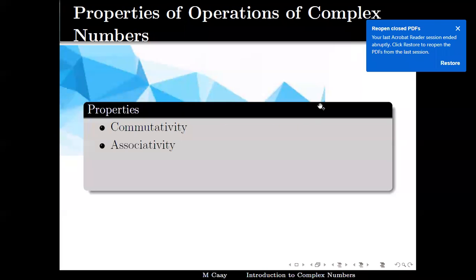Another is associativity. Associativity tells us that if you have three complex numbers, z1, z2, and z3, then z1 plus z2 grouped together, then added to z3, gives the same result as z1 plus the grouped z2 plus z3.